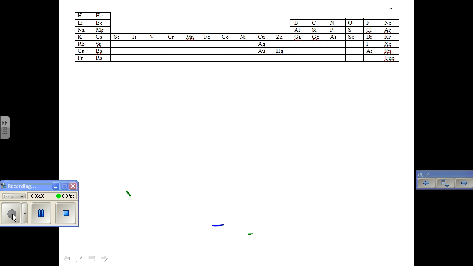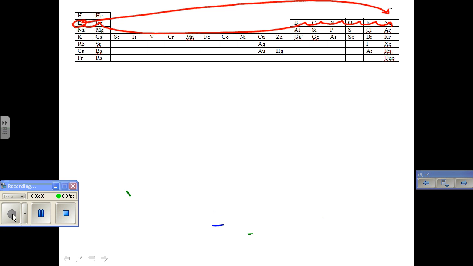Now let's take lithium. Lithium could either gain 7 electrons, 1, 2, 3, 4, 5, 6, 7, and look like neon, or it could lose 1, and that would bring it around over to here to look like helium, which I erased, but should be up there. They'll always take the shortest path, so lithium will lose 1 electron.